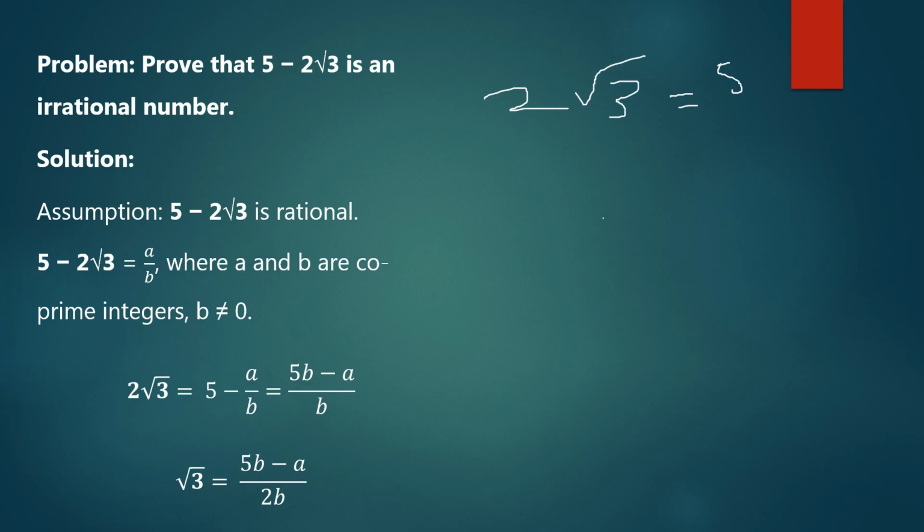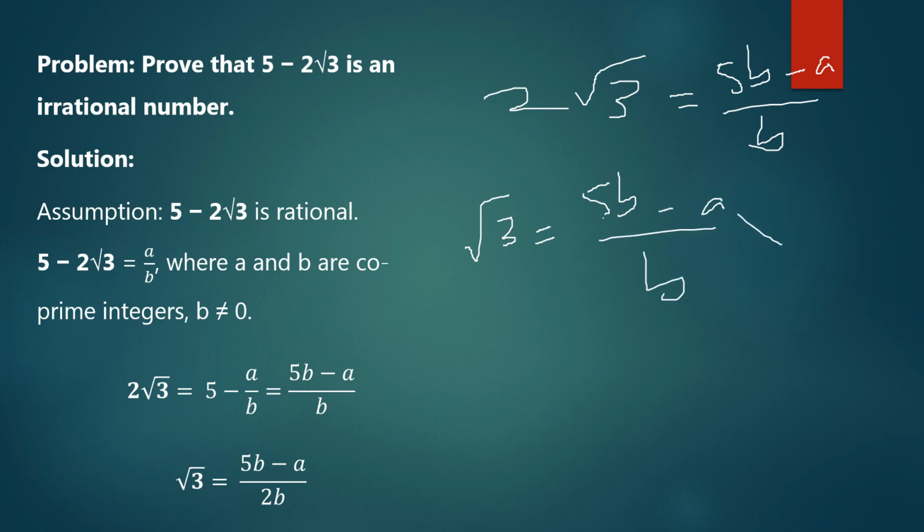That means 1 into 5b minus a is 5b minus a, and b into 2 is 2b. That's why root 3 is equal to 5b minus a by 2b.